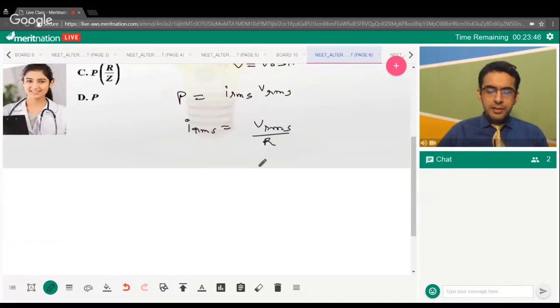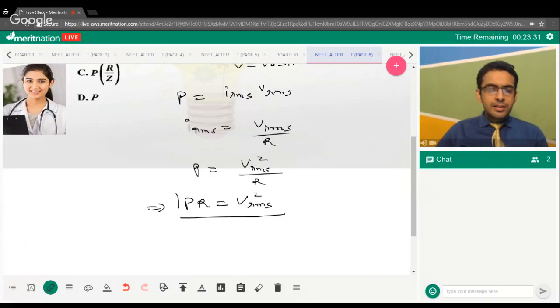IRMS is equal to VRMS by R. So we can say P is equal to VRMS square divided by capital R. This implies P times capital R is equal to VRMS square. Let us take this as the first equation.